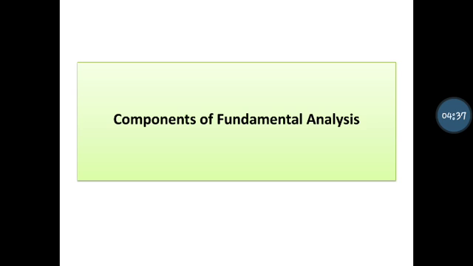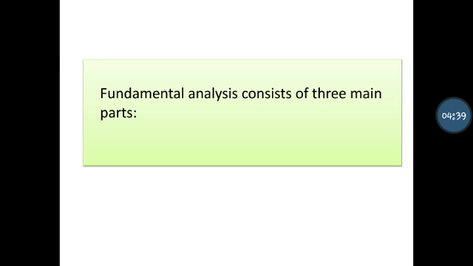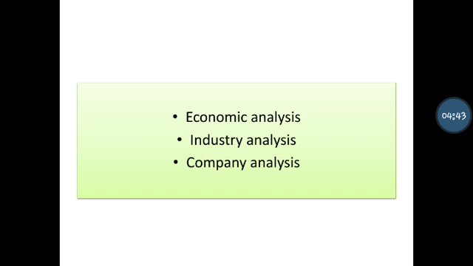Next, components of fundamental analysis. Fundamental analysis consists of three main parts: first, economic analysis; second, industry analysis; third, company analysis. These are the three most important components of fundamental analysis.